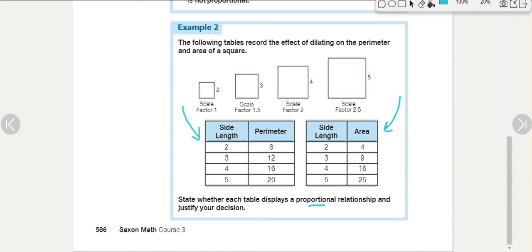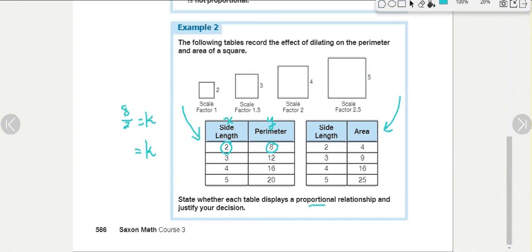How do we determine this? Just look at the table, pick a perimeter, divide it by the side length. Maybe this is x and this is y. We need to find that k is always constant, right? So divide y by x.